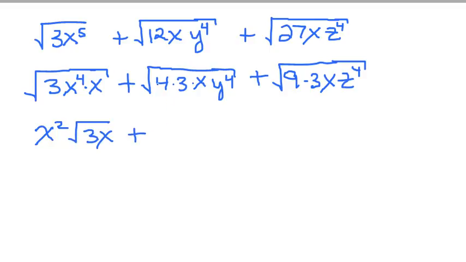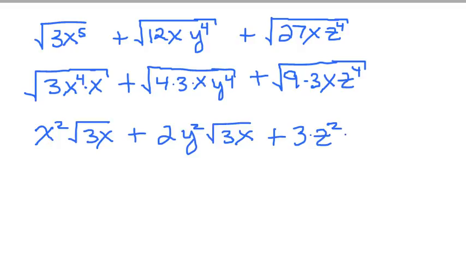Plus, we got the square root of 4, which is 2, and then the square root of y to the 4th is going to be y squared. The square root of 3x will be left. Plus, we have the square root of 9, which is 3, and the square root of z to the 4th is going to be z squared, and that's going to be times the square root of 3x.